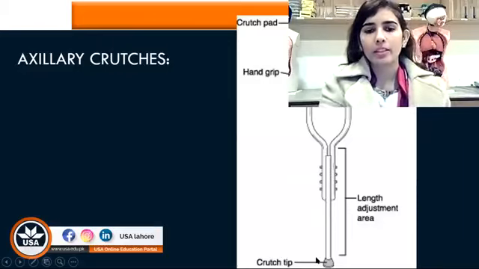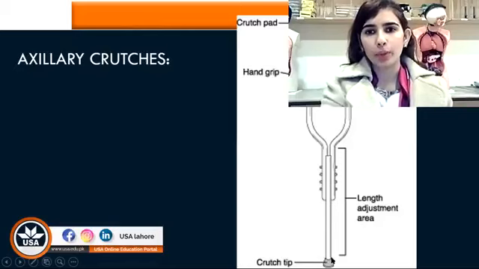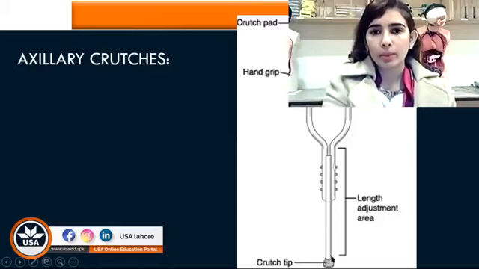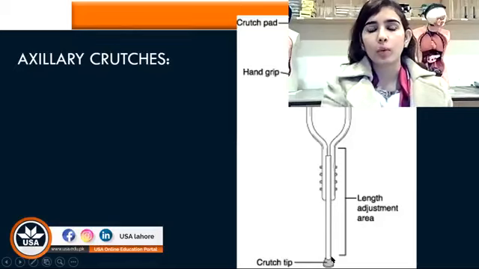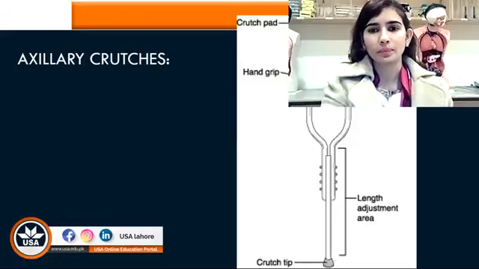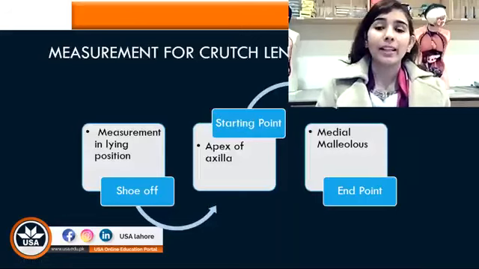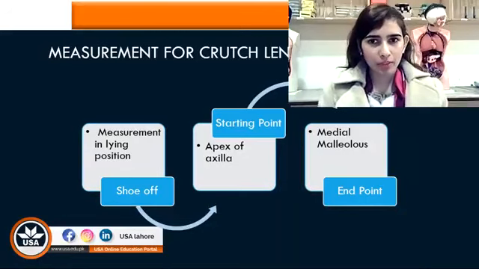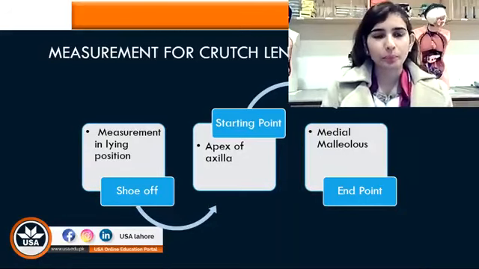After that, we have the rubber ferrule like this on the tip of the crutch that provides friction from the floor, that prevents any slipping or damage to the structures when the patient is putting weight on the crutch. So after that, let us see how we can take some of the measurements of the crutches.